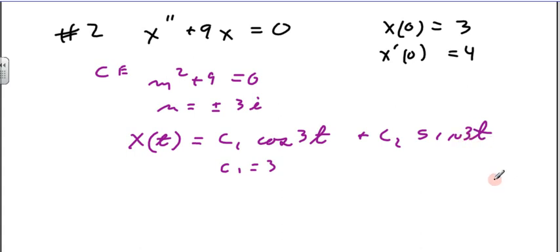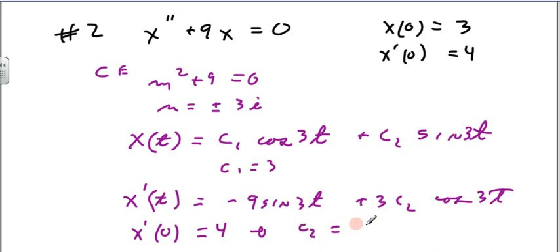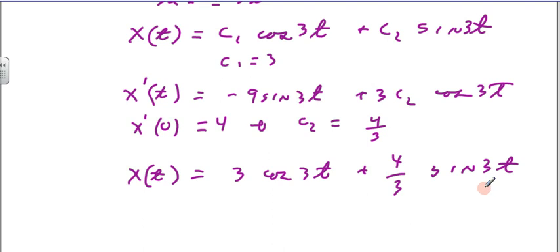Okay, now we're doing better. x prime of t is going to be minus 9 sine 3t plus 3c2 cosine 3t, and x prime at 0 is supposed to be 4, so that implies that c2 is going to be 4 over 3, and I have a final answer. x of t is equal to 3 cosine 3t plus 4 over 3 sine 3t, and I better get that same answer if I'm doing the Laplace transform, right?